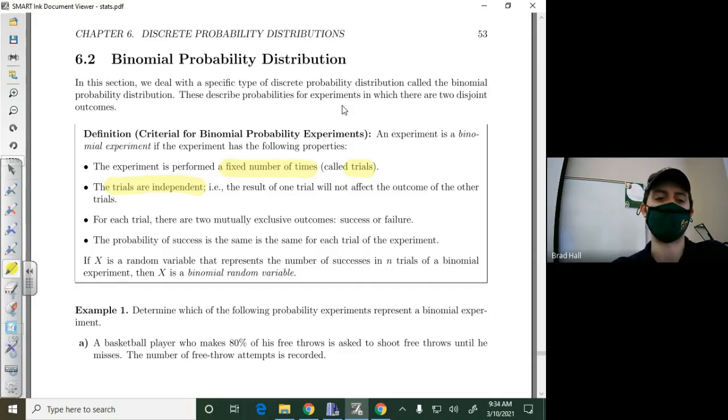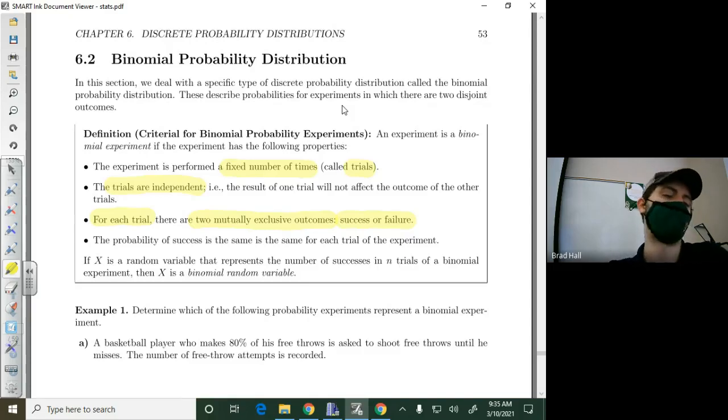Additionally, for each trial, this is the point I mentioned earlier, there are 2 mutually exclusive outcomes, which means you're either going to get a yes or a no, not anything in between. In this section, they call it success or failure. Does this person satisfy this condition or do they not? They just get lumped into one of 2 categories.